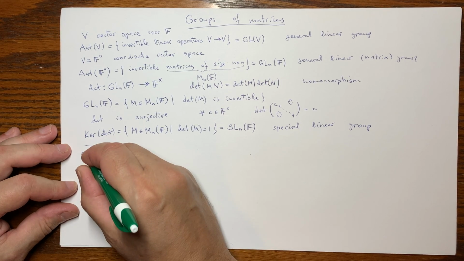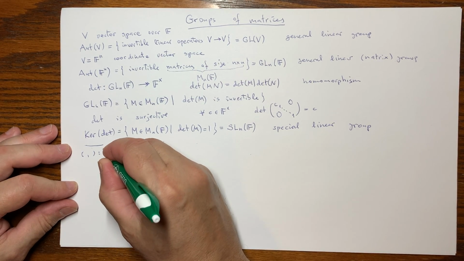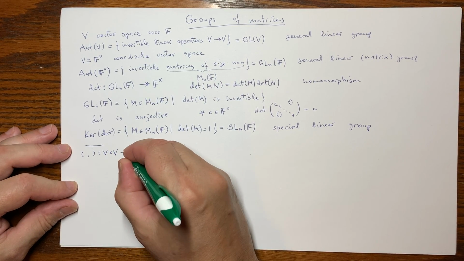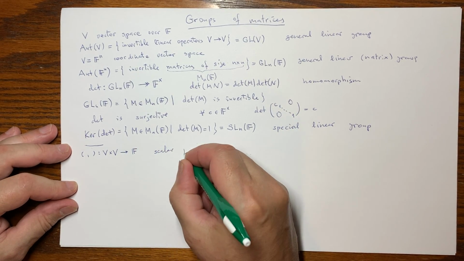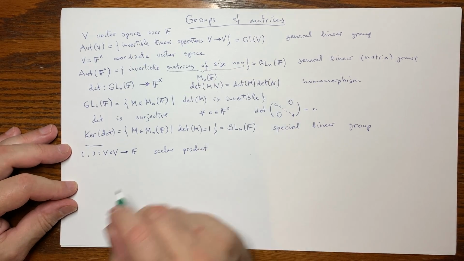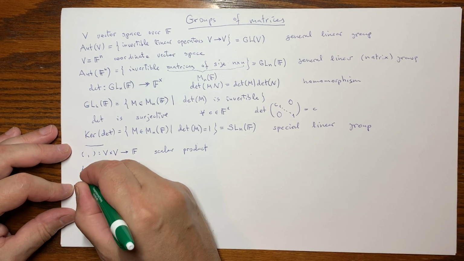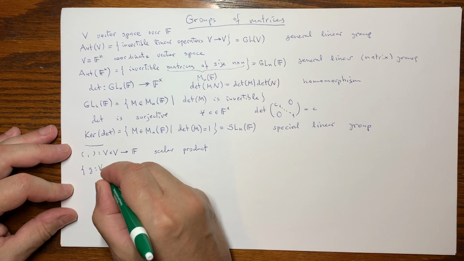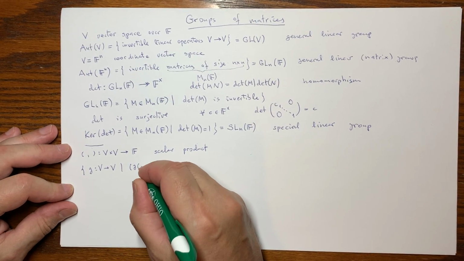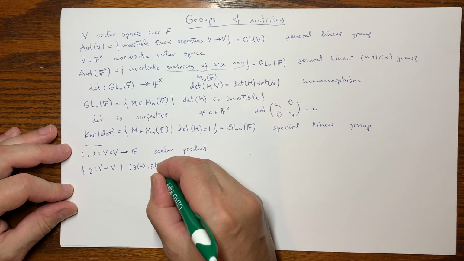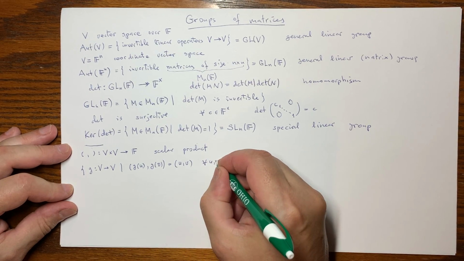One example is just to imagine a scalar product, a bilinear function on a vector space. And then we could collect all symmetries of the vector space which preserve this function, namely assume that we have this equation for all vectors u and v.